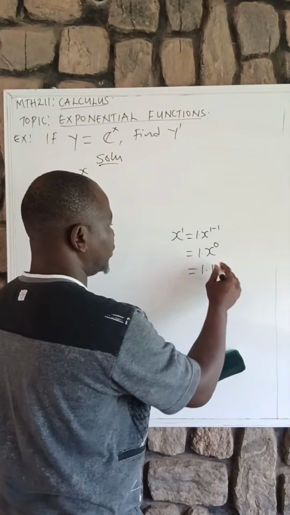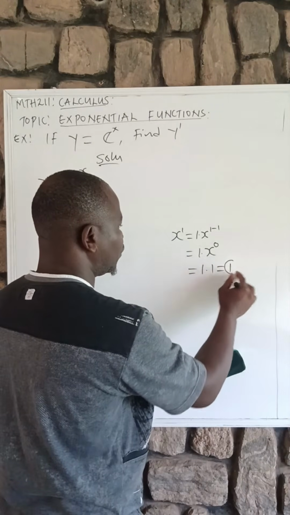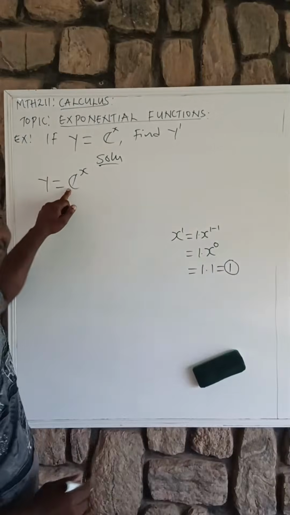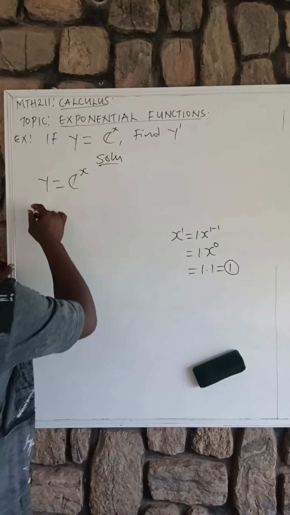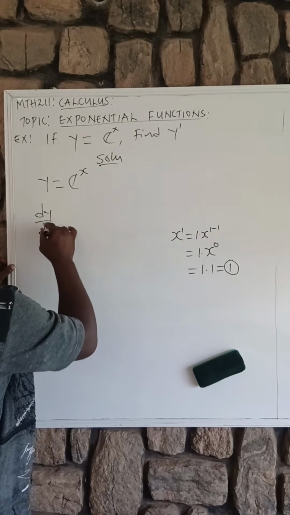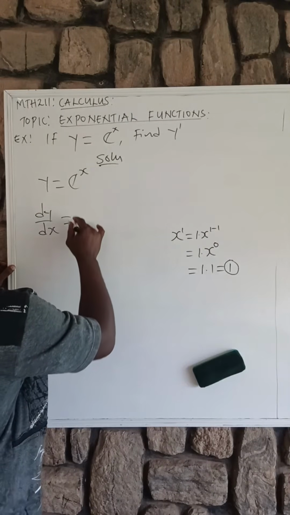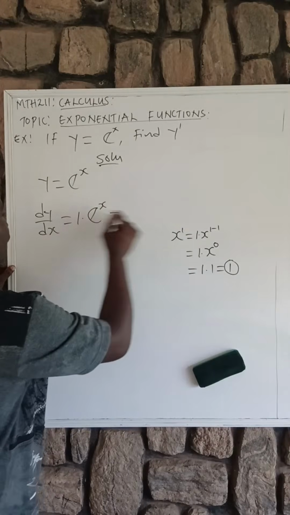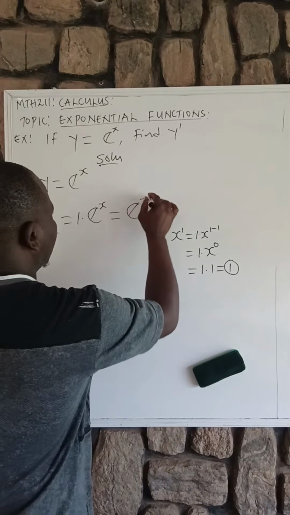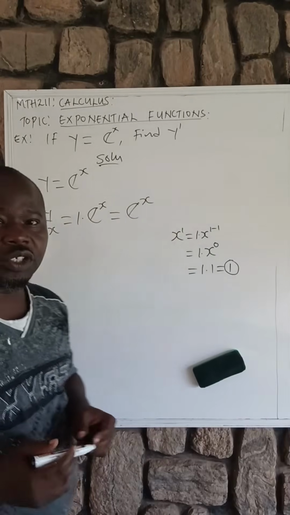So 1 times 1 is 1. So use this 1 to multiply back this function, this exponential x. So our dy/dx is equal to 1 times e^x. So the final answer will be what? e^x. Do you understand?